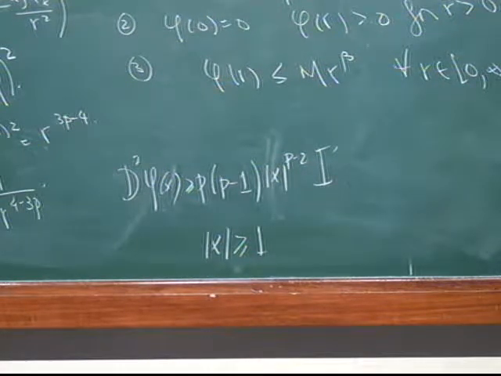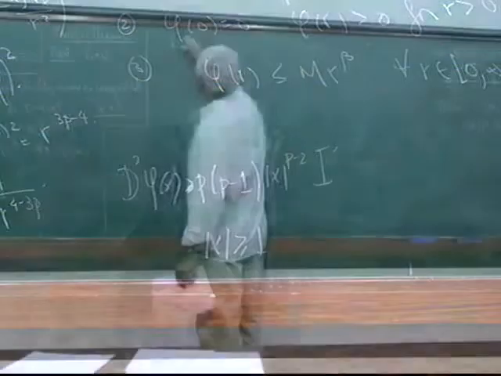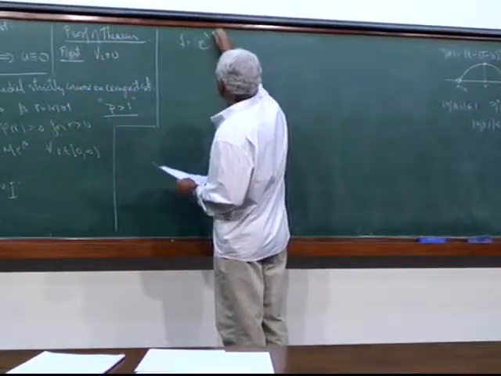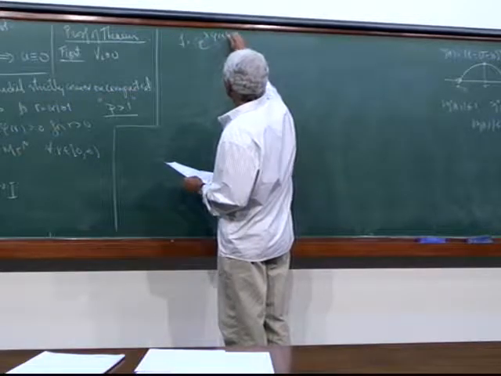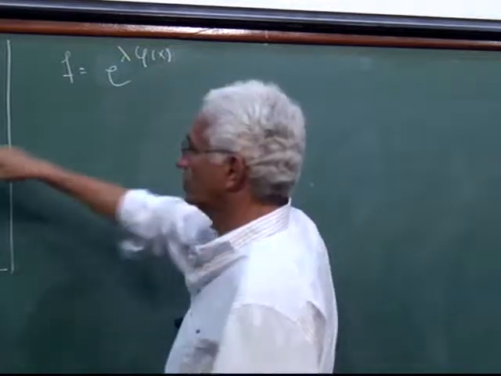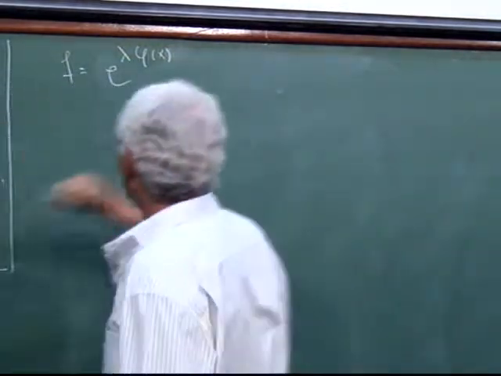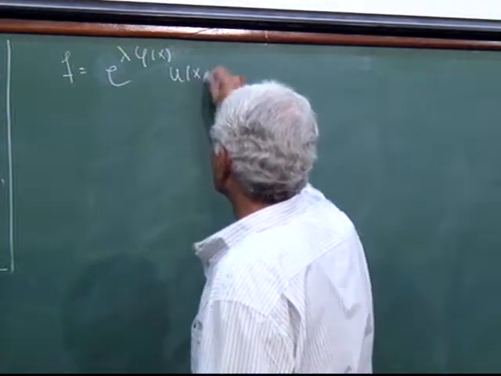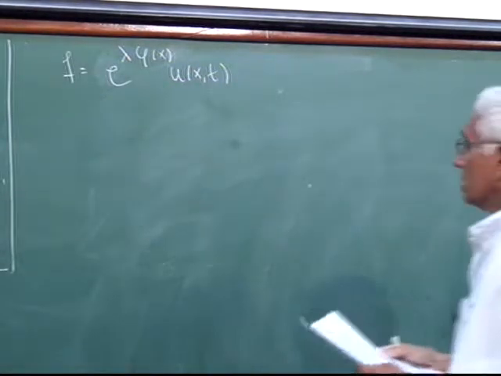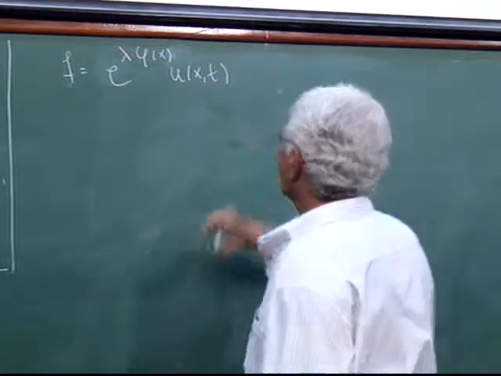Now, you are going to say that f is going to be the solution, exponential lambda multiplied by your function, that is the choice that you have multiplied by your solution. Therefore, what is the equation that f satisfies?